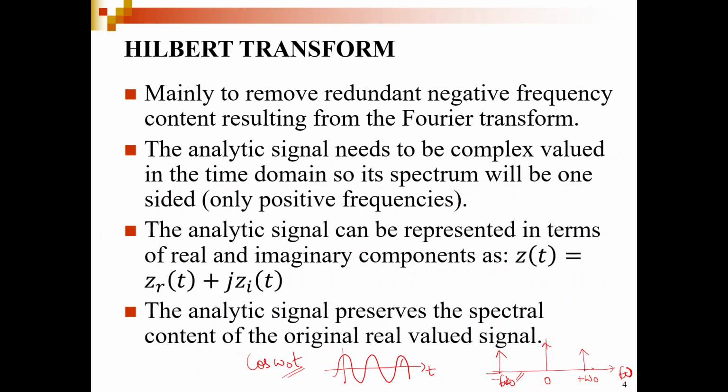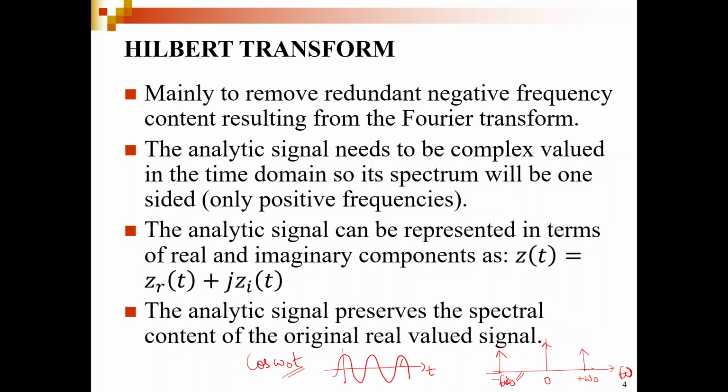So the information coming out of the Fourier transform consists of a negative frequency, which does not convey anything in the analysis process. Therefore we try to remove that and only retain the positive frequency components for the analysis of the signal. So how is this done?